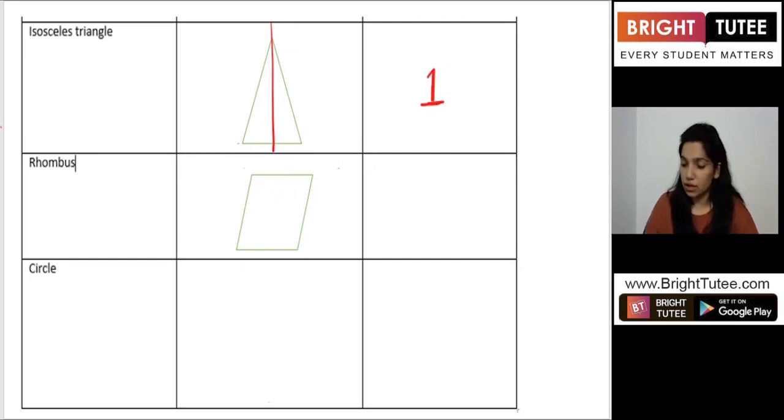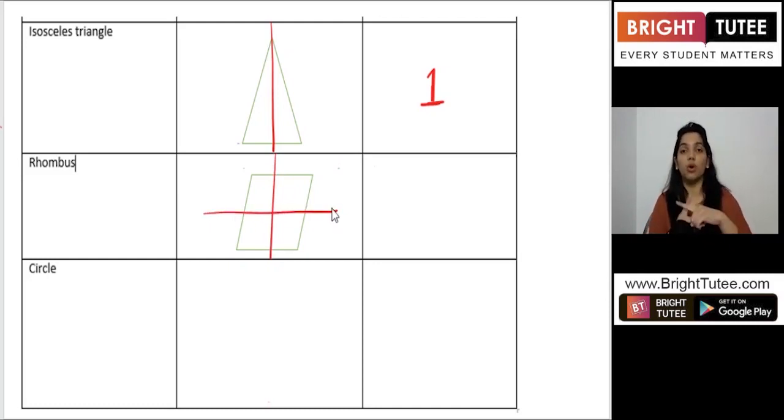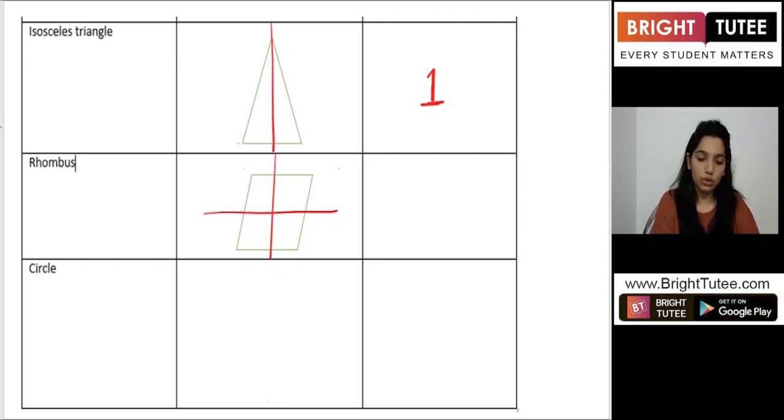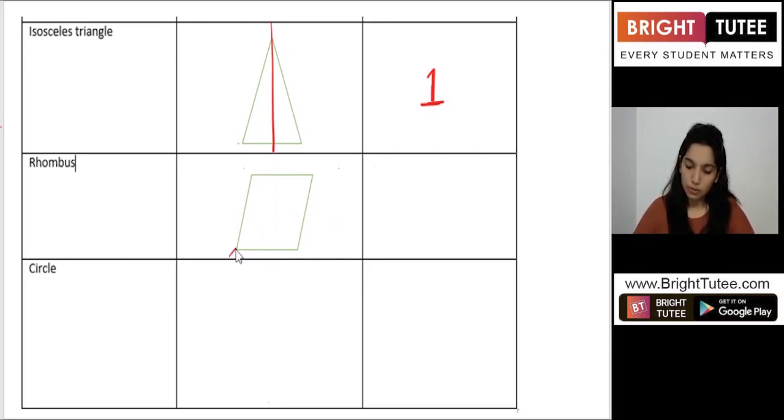If you take a cutout of a rhombus, you will see that you cannot draw this kind of line of symmetry for the rhombus. These two are not possible, that we draw along the sides. We cannot draw this for a rhombus. The only lines of symmetry possible for a rhombus are the lines that we draw along its diagonals.